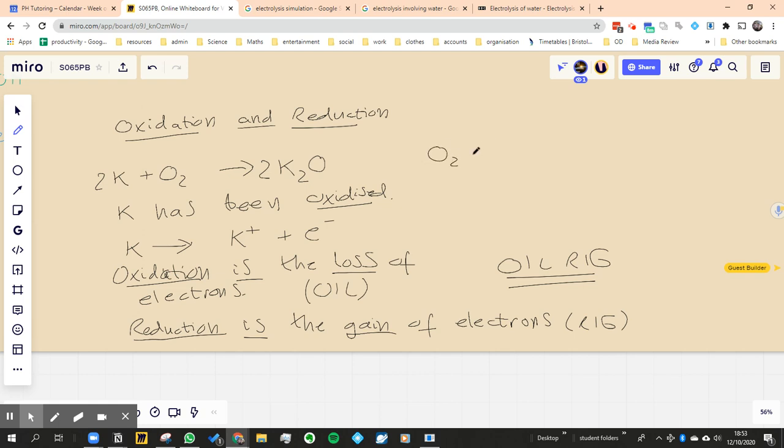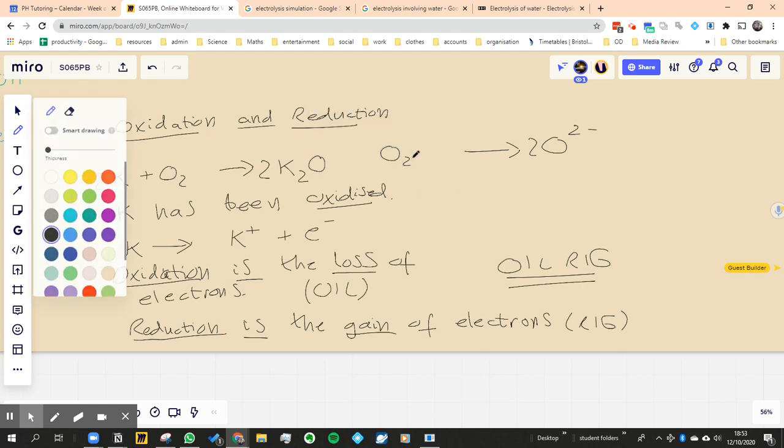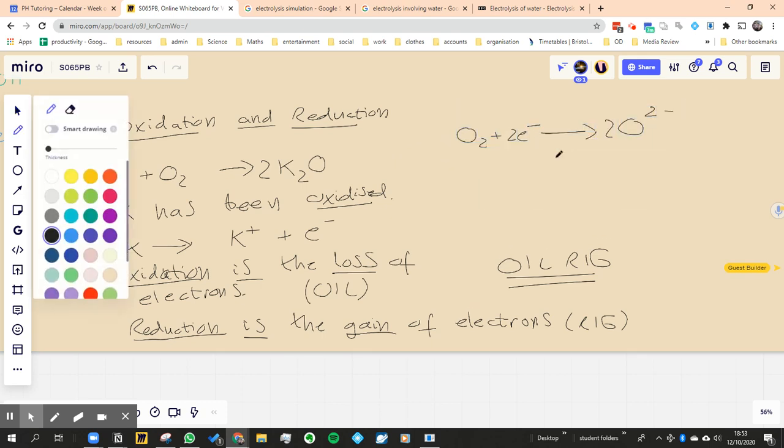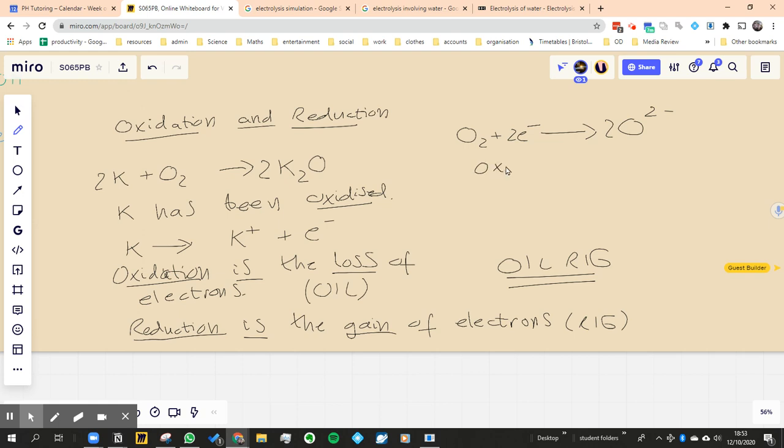Oxygen went from regular oxygen gas to an O2 minus ion, and two lots of them. And to do that, it must have gained 2 electrons. Now, if oxidation is loss of electrons and reduction is gain, then that means my oxygen has been reduced.